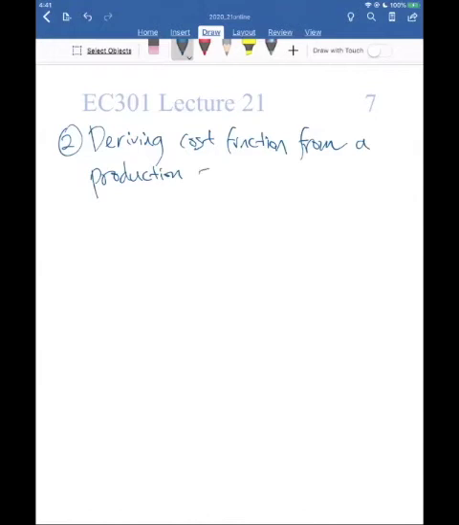Okay, so let's look at deriving a cost function from a production function with two variable inputs.